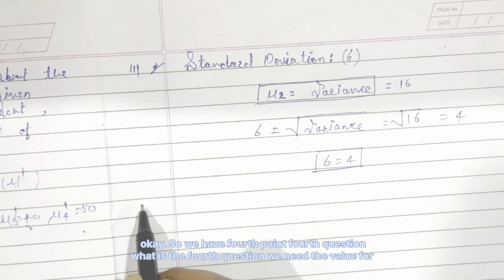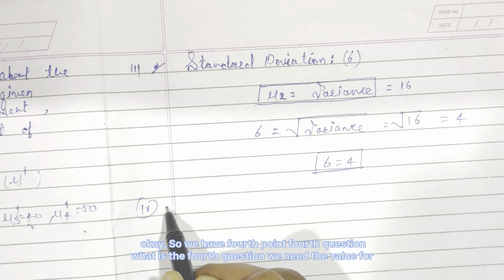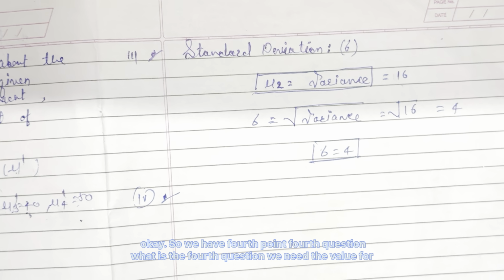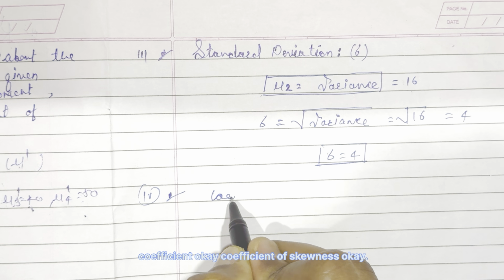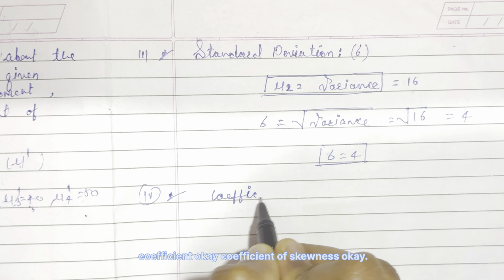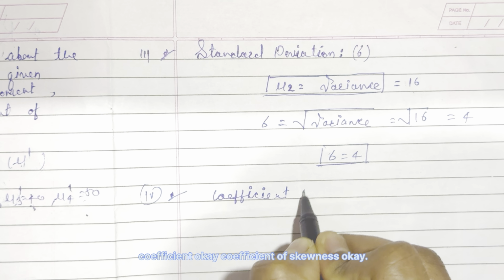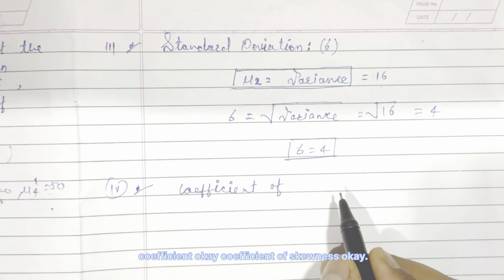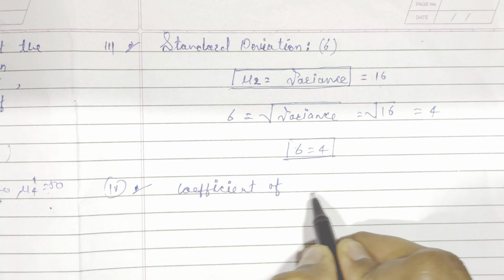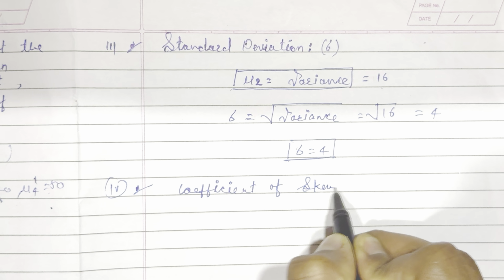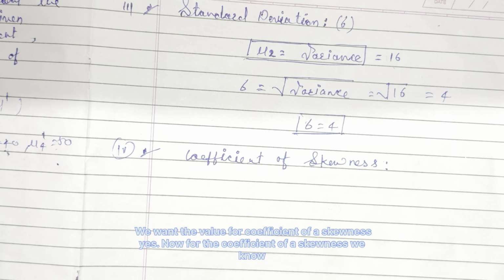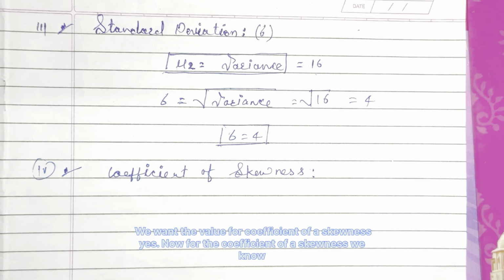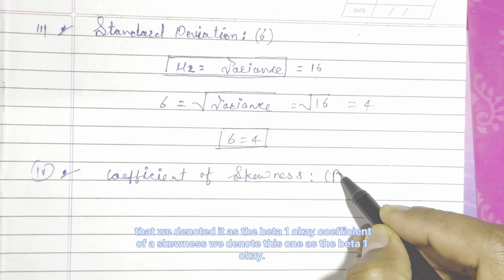So we have the fourth question. What is the fourth question? We need the value for the coefficient of skewness. For the coefficient of skewness, we denote it as beta 1.